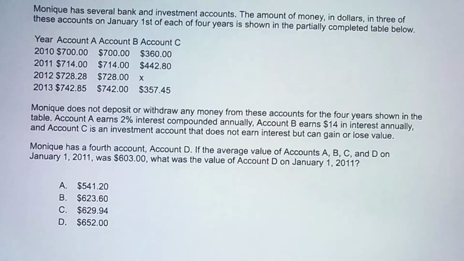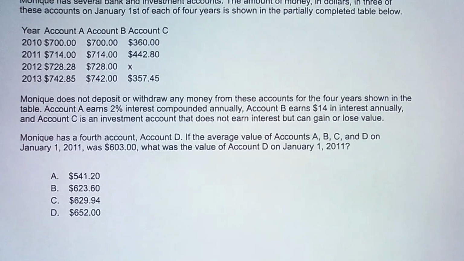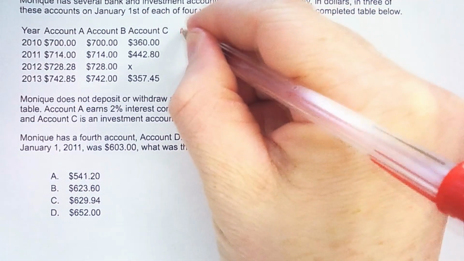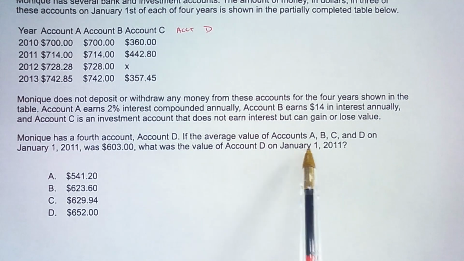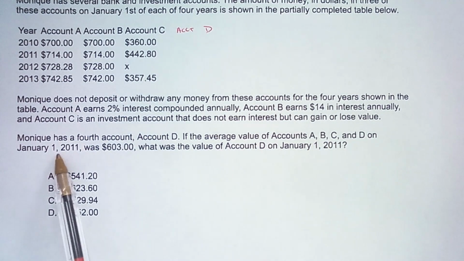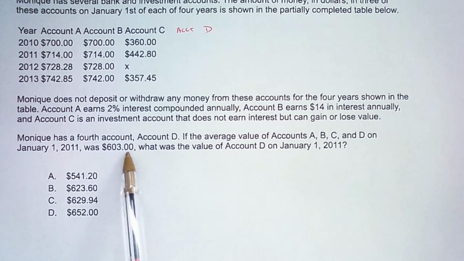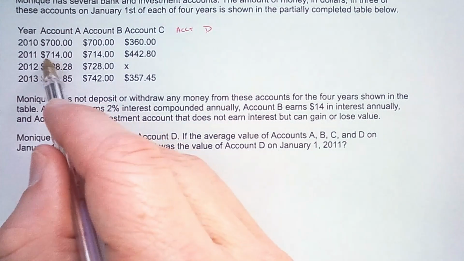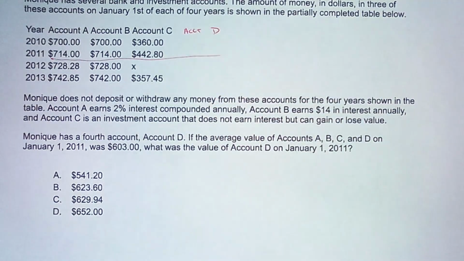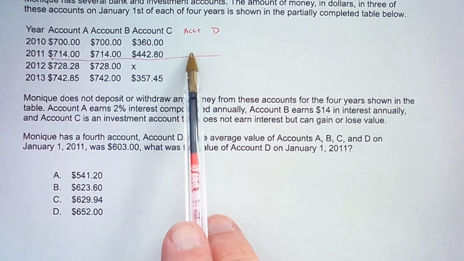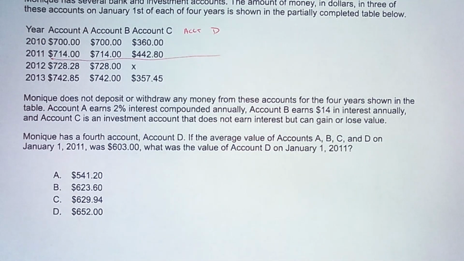Question 13, about those same accounts. Monique has a fourth account, account D, so we'll just add account D here. If the average value of accounts A, B, C, and D on January 1st of 2011 was $603, that means if I add up these four numbers and divide by 4, I'm going to get $603. What is the value in account D on January 1st of 2011?